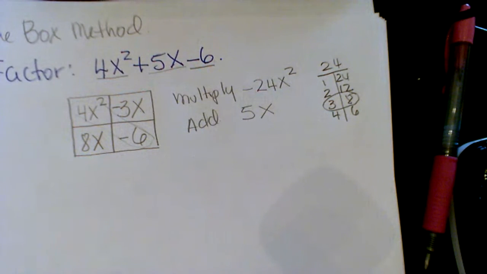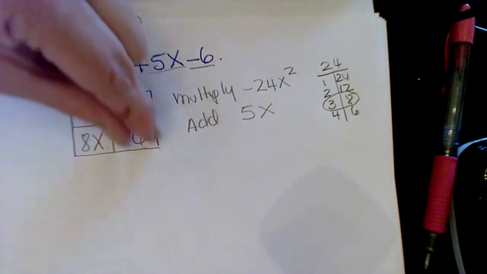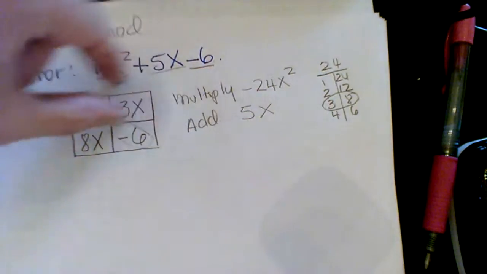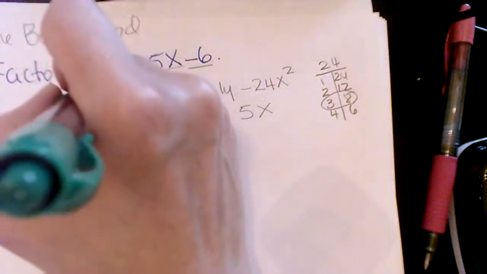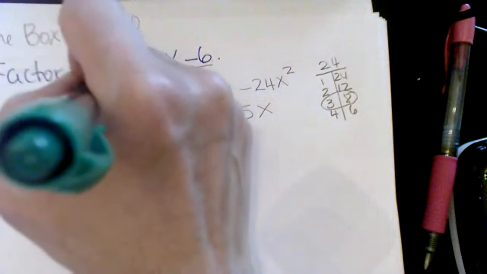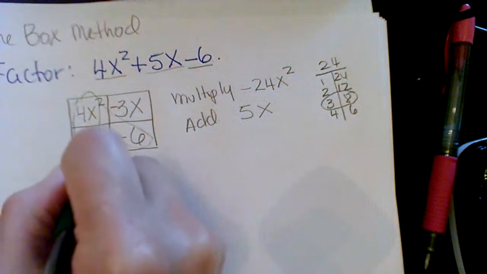Now, we are going to get the greatest common factor from the columns and from the rows. Let's get it from this column. What will be my greatest common factor? It will be 4x.